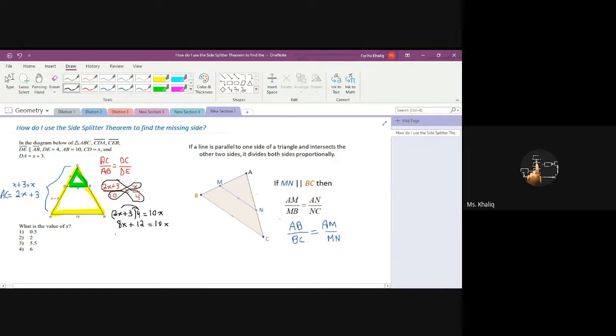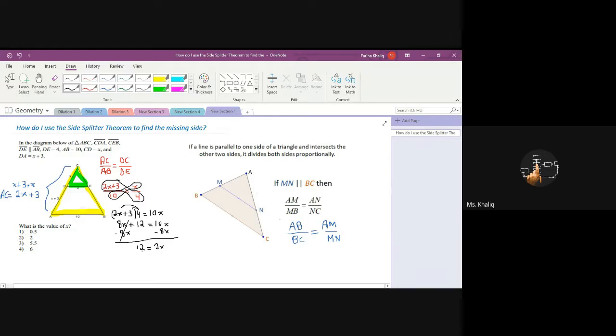So let's do minus 8x on this side. And whatever I do on the left side, I've got to do on my right side. Minus 8x. And let's solve this. This crosses out. I have 12 equals, what's 10 take away 8? It's 2. So 12 equals 2x.